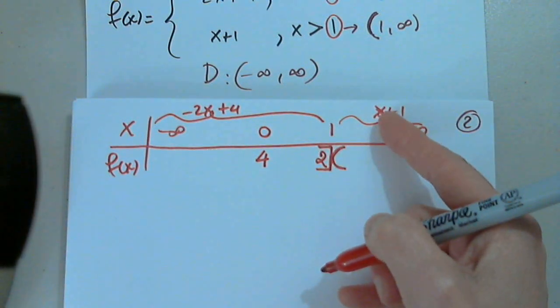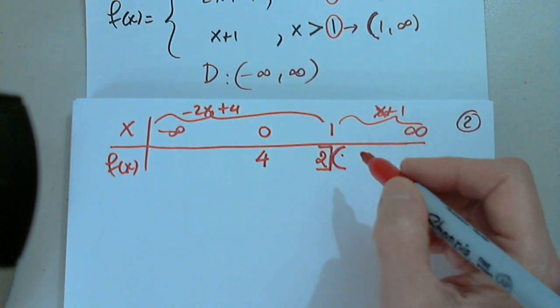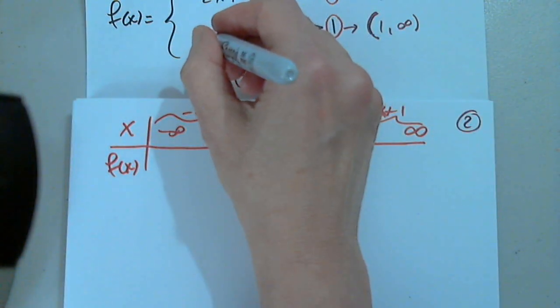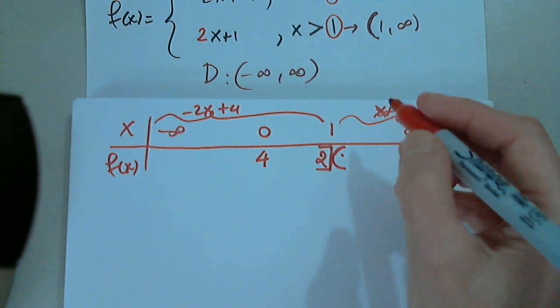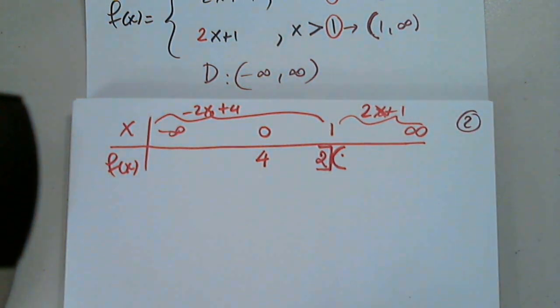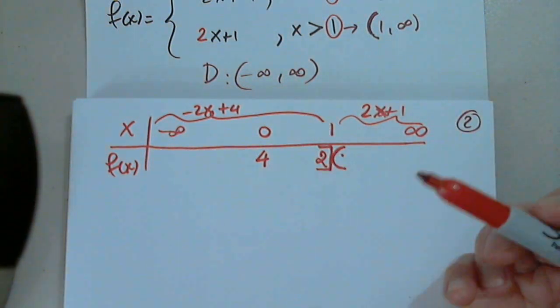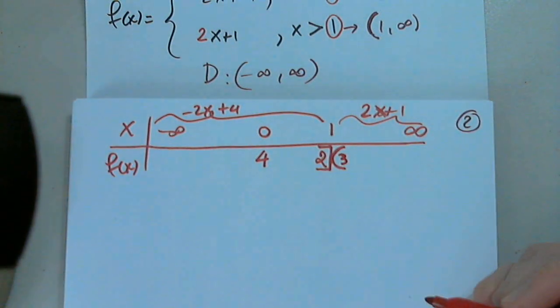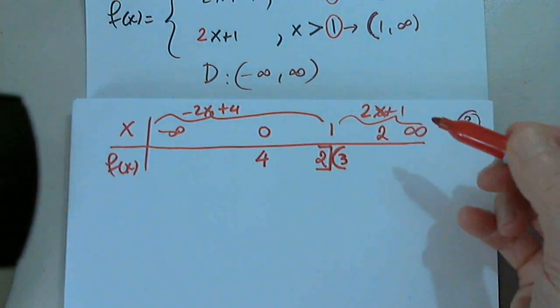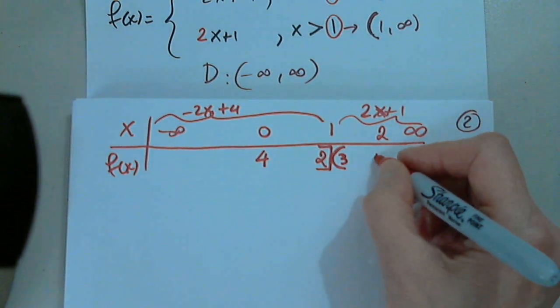I plug in 1, I get 2. I wanted to change that. I didn't want them to start at the same point and end at the same point. I want you to see the jump. So 2 plus 1 is 3. And I'm going to use 2. 2 times 2 is 4, plus 1 is 5.